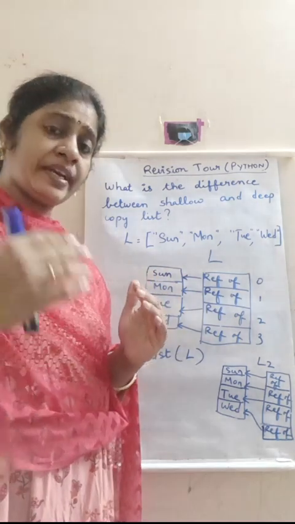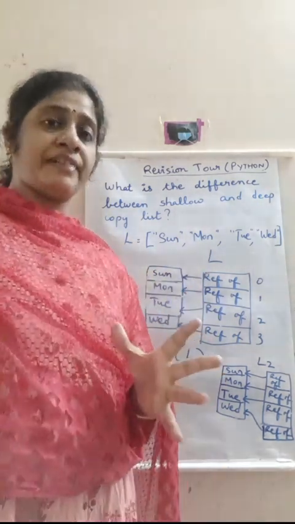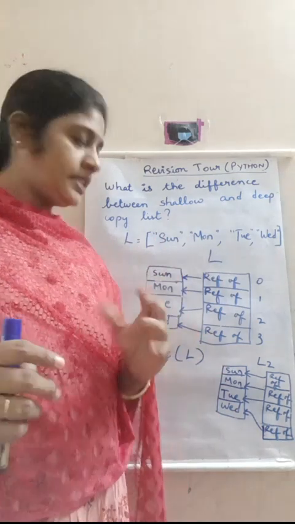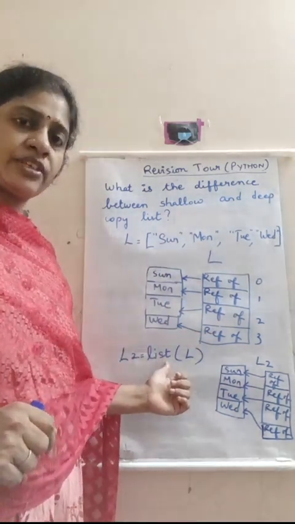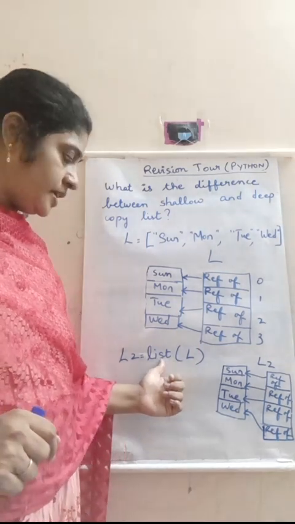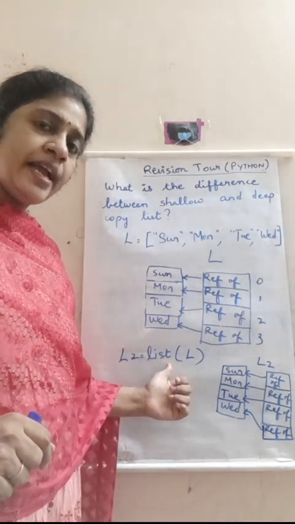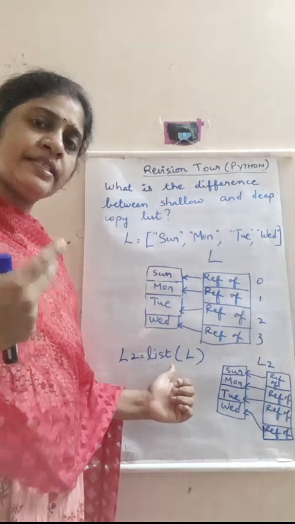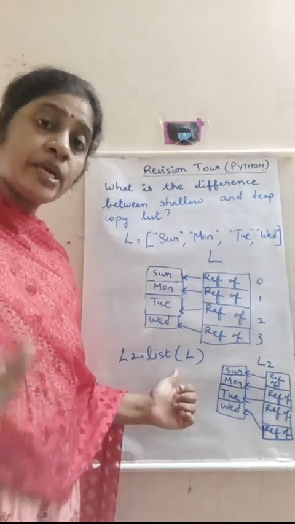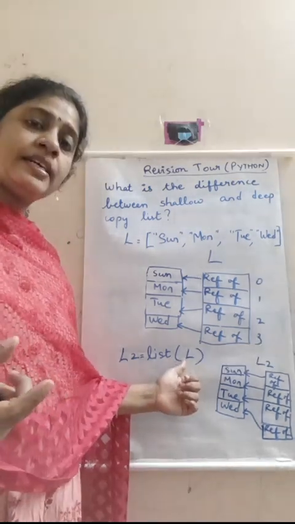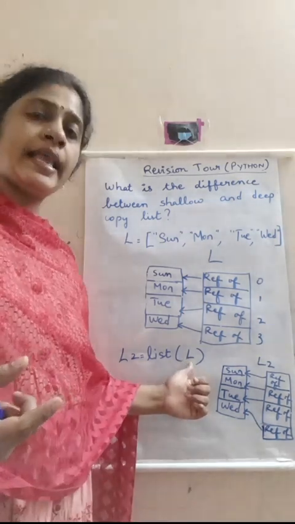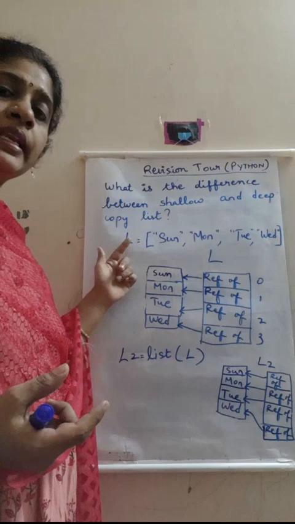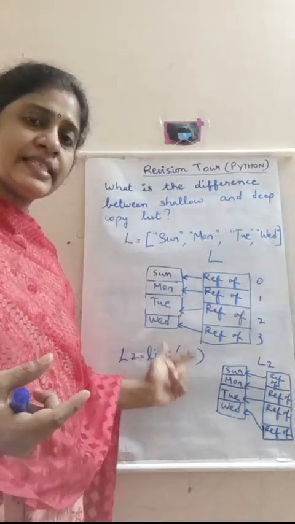Suppose I want to create another copy of it. Then I have to use the list function, or constructor function. We have already seen how to create lists in different ways. From the sequence, I am passing the argument L, as L is a sequence here.